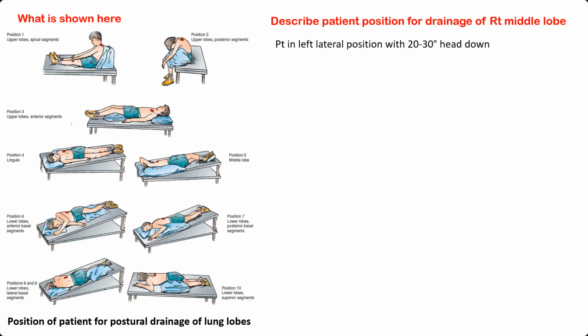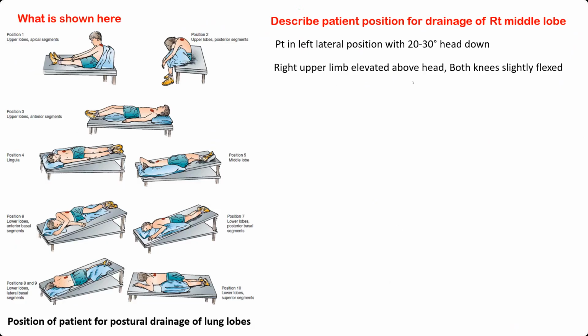So if you see the middle lobe, here is the picture of the middle lobe. You can see the patient is slightly head down about 30 degrees, in the lateral position, the upper limbs are raised and the chest is exposed, and you start tapping here, then you can clear all the secretions in the middle lobe.